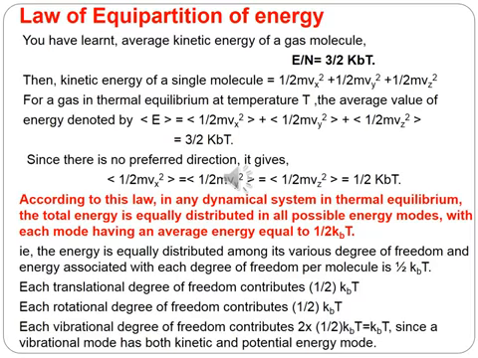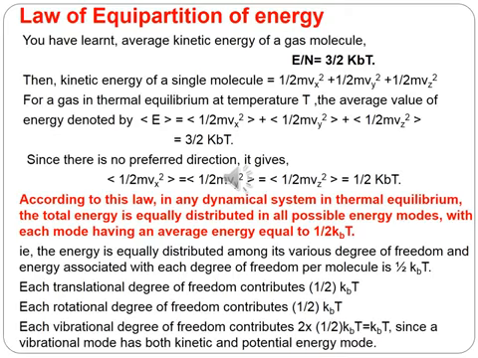According to this law, in any dynamical system which is in thermal equilibrium, the total energy is equally distributed in all possible energy modes, with each mode having an average energy equal to 1/2 kBT. That is, the energy is equally distributed among its various degrees of freedom, and the energy associated with each degree of freedom per molecule will be equal to 1/2 kBT.